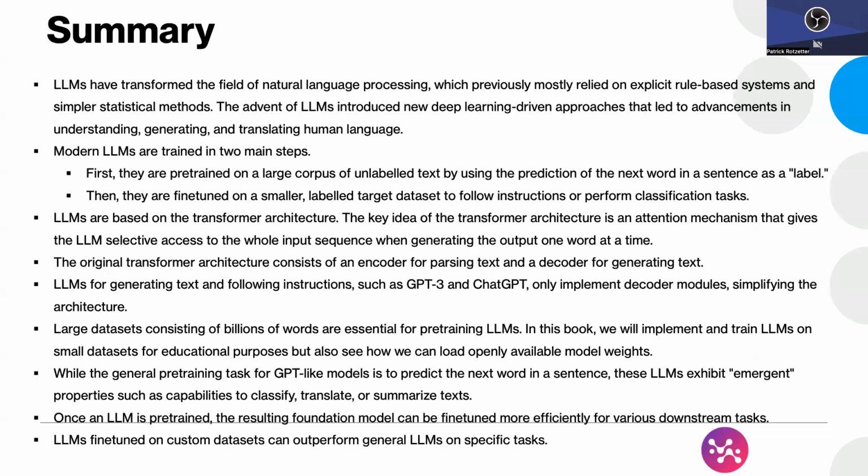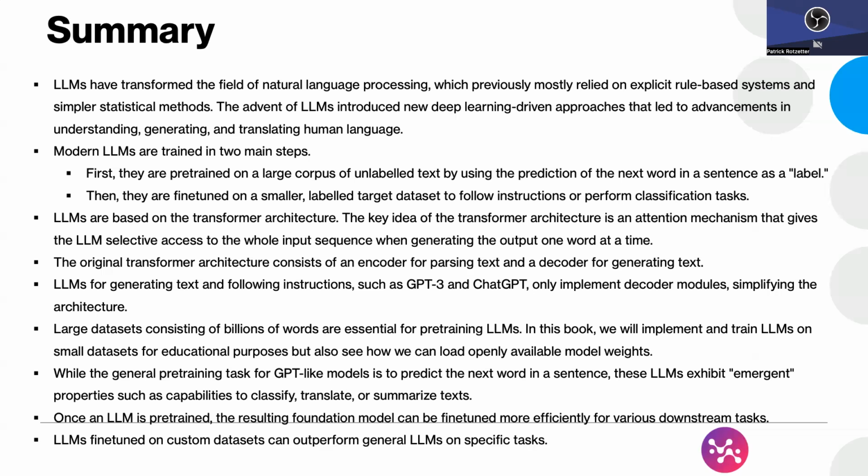So in summary, what did we discuss today? LLMs have transformed the field of natural language processing. That's quite clear. We have seen that modern large language models are pre-trained on a very large corpus of unlabeled text. So this is really unsupervised learning because we don't need to label the data.